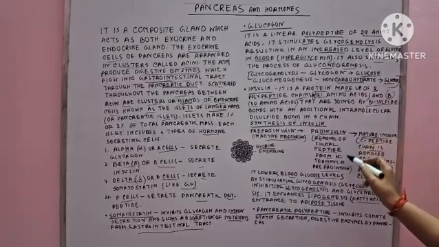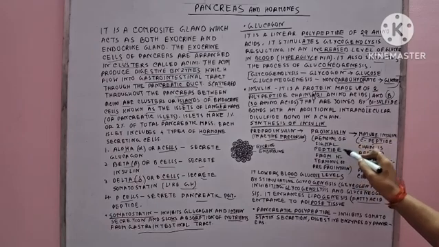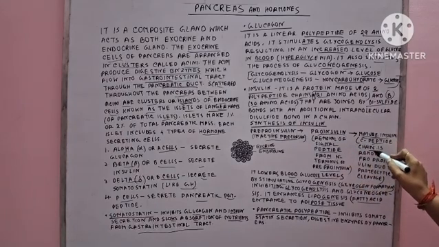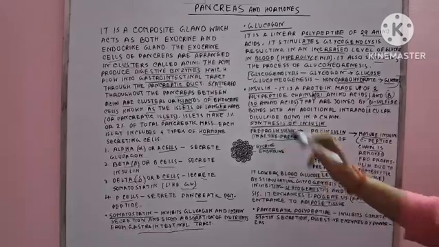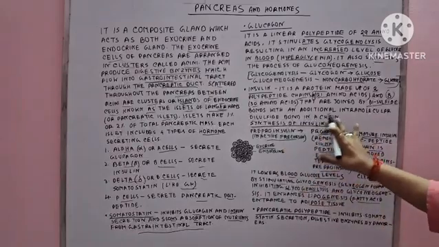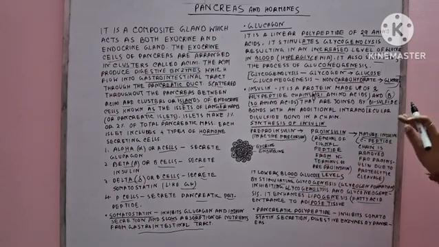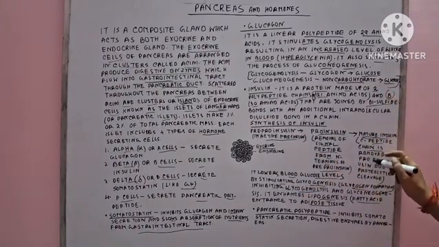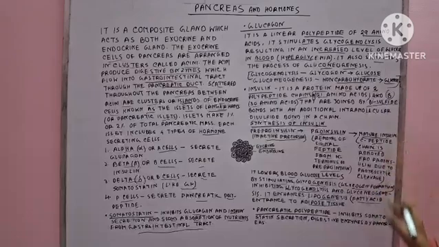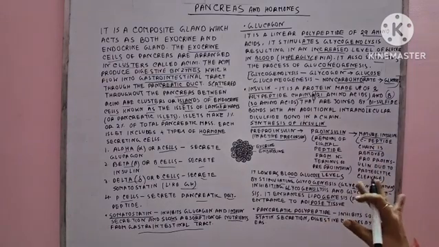That means the N-terminus has a signal peptide, but the C-peptide chain is present in the pre-pro-insulin and the pro-insulin, but when the mature insulin is formed, the C-peptide chain is also removed. Clear? So in that way insulin synthesis occurs in the body.